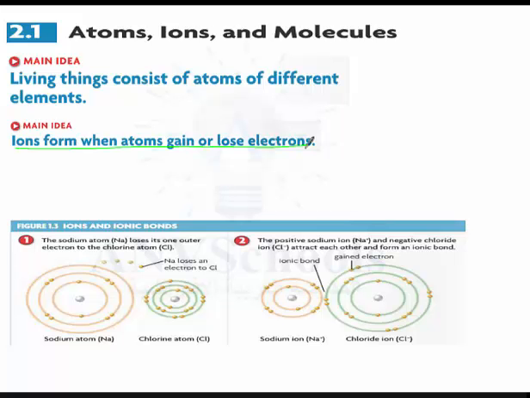An ion is an atom that has gained or lost 1 or more electrons.